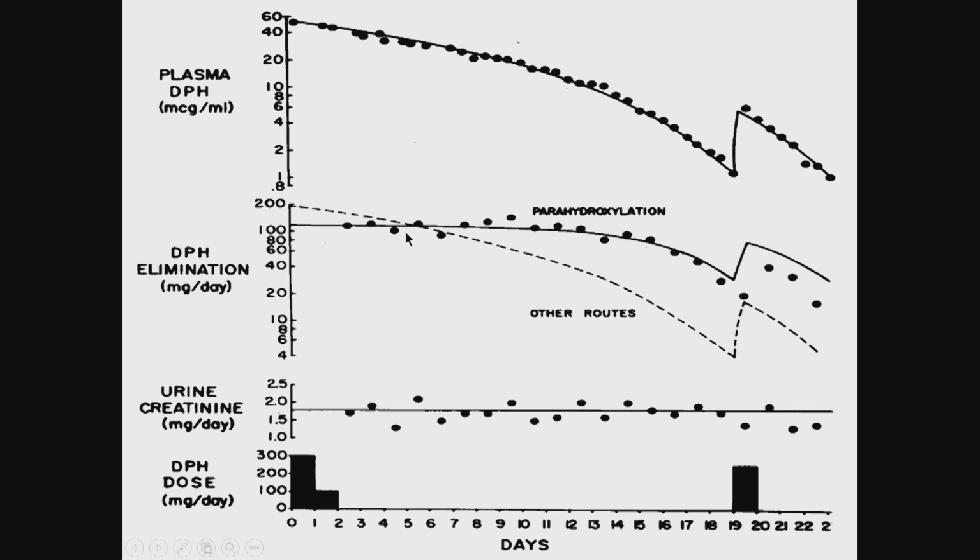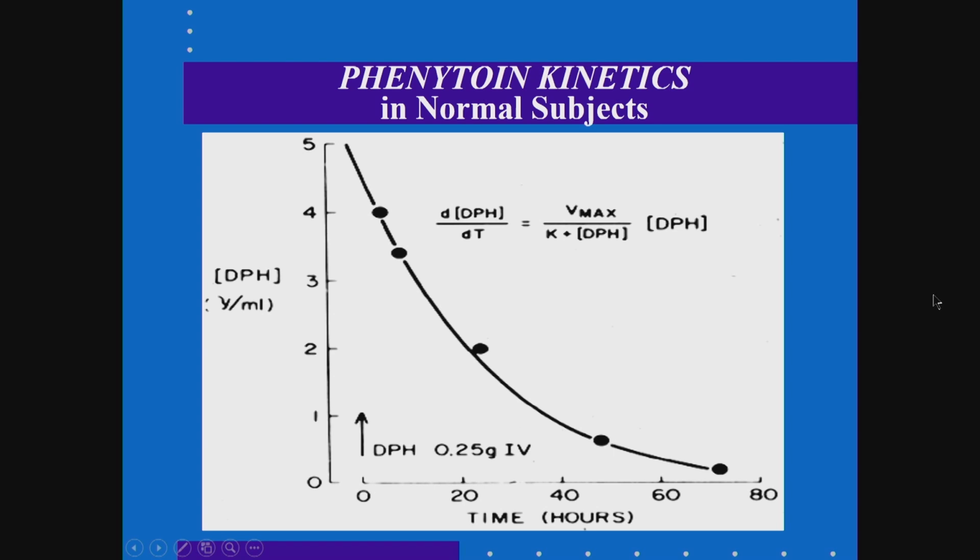What this indicates is that the metabolic pathway, CYP2C9, that generates this hydroxylated metabolite of phenytoin is saturated over a significant period of time because of these very high concentrations of phenytoin that the metabolic pathway cannot handle, if you will.